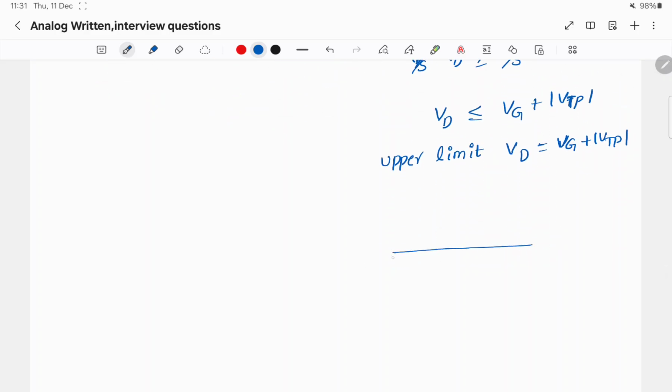VD can go 1 VT above VG. If it goes beyond this, this is triode.